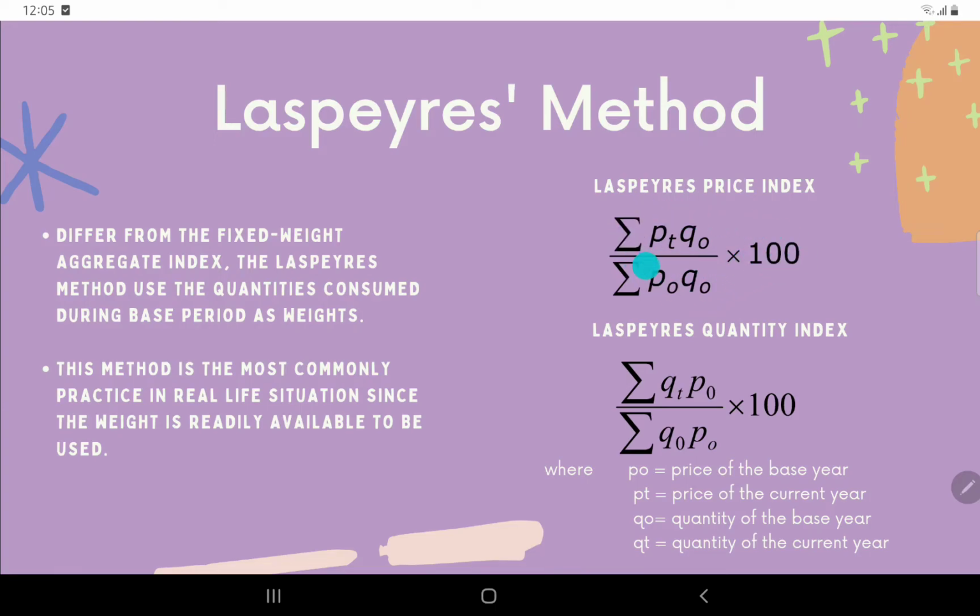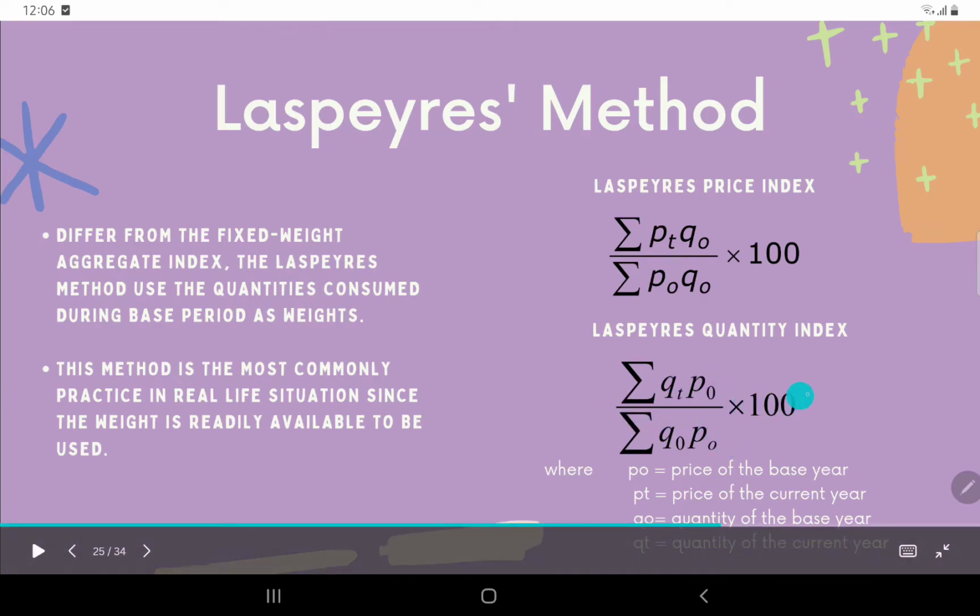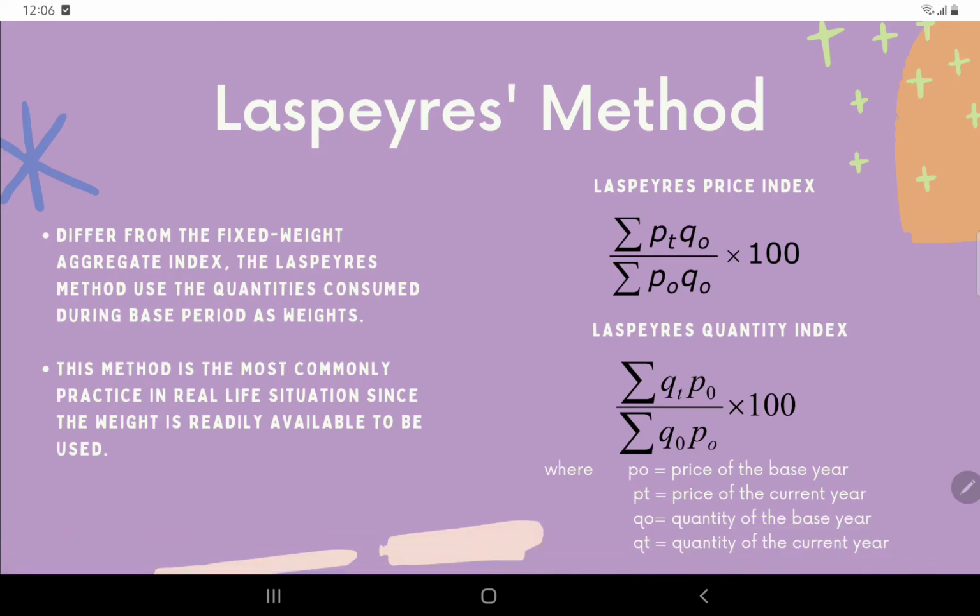So this is the formula for Laspeyres price index. Formula for Laspeyres quantity index is total of QT P naught divided by total of Q naught P naught times 100. Okay, so P naught is the price of base year, PT is the price for current year, Q naught is the quantity of the base year, and QT is the quantity of the current year.